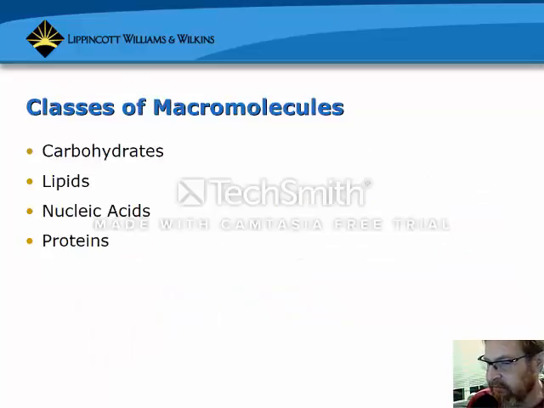Again, the four classes of macromolecules are carbohydrates, lipids, nucleic acids, and proteins. One thing you can think about for all of these biological molecules is they all have to deal with carbon at some point.